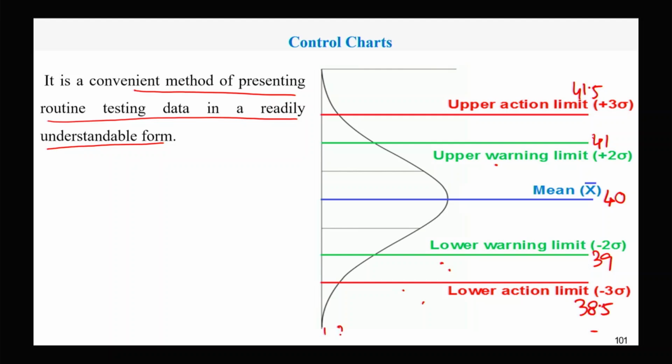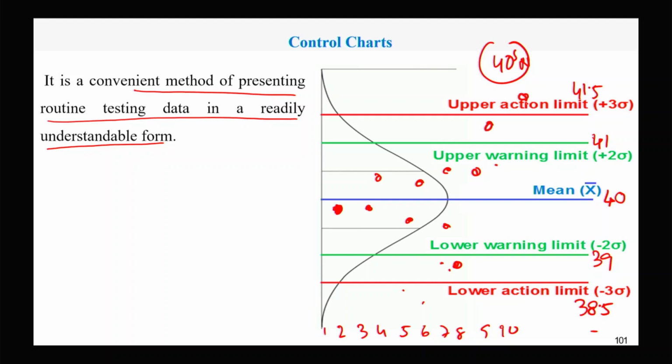Now day 1, 2, 3, 4, 5, 6, 7, 8, 9, 10, in order. So 40 count is produced in a ring frame for one month. On the first day, you have got this mean value, so we put it here. In this way we keep on plotting.